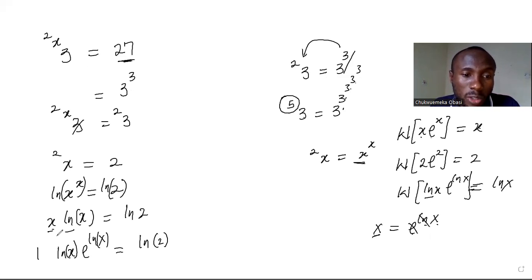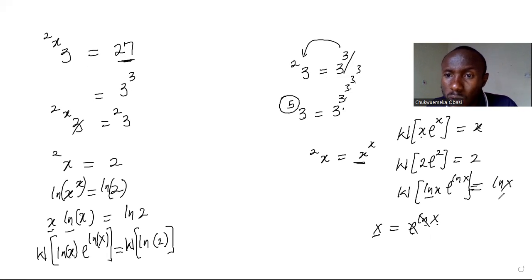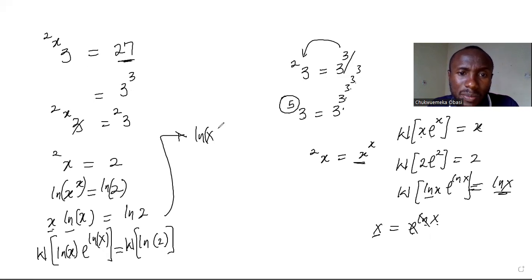Okay, now if we take the Lambert W function of both sides, we're going to have the Lambert W function of this expression here and the Lambert W function of this quantity here. Now, if you take the Lambert W function of this, you have ln x. So that is what we're going to have in our left-hand side, which is equal to the Lambert W function of ln 2. And so to get rid of this ln here, ln x is actually log to the base e of x, right?